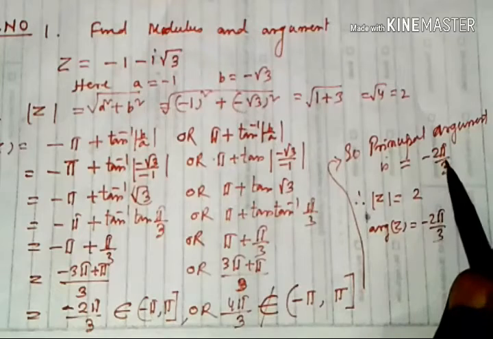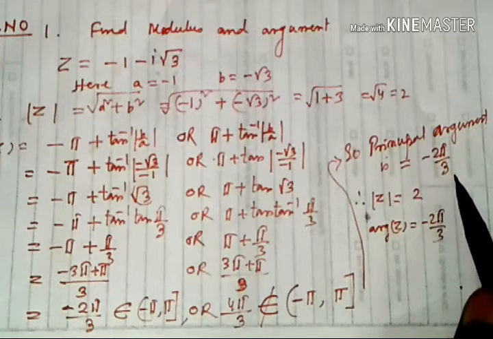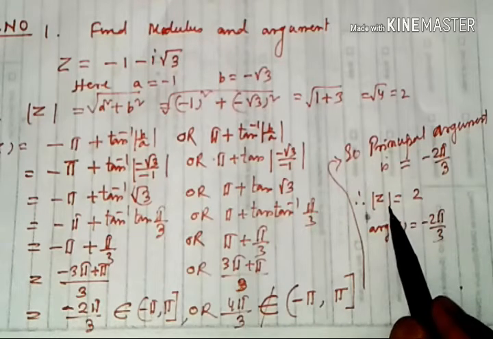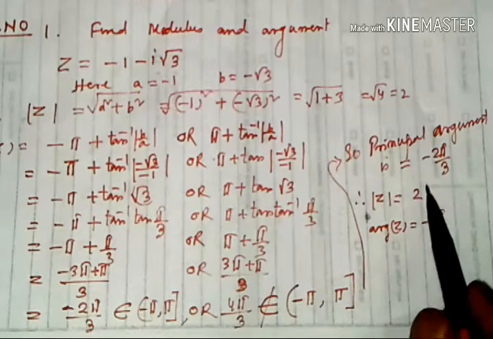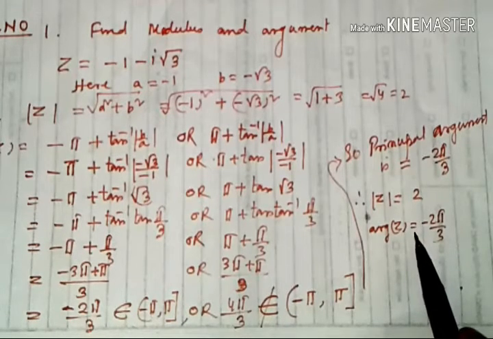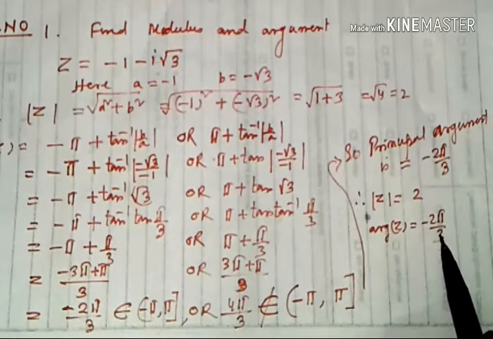Therefore the principal argument is minus 2 pi by 3, and modulus of z is 2. Here argument means principal argument, that is minus 2 pi by 3. That is problem number 1.